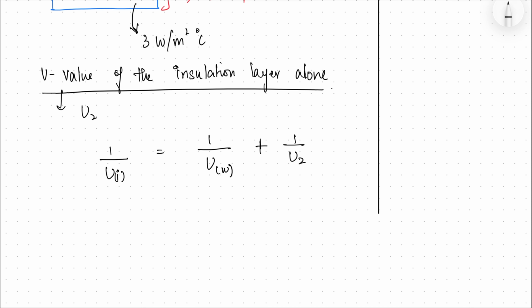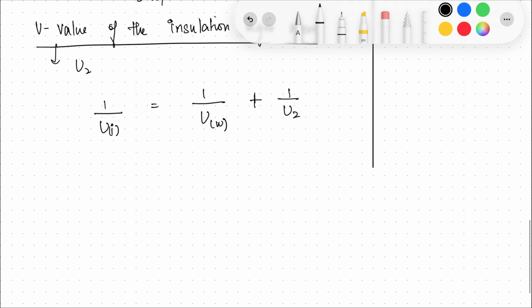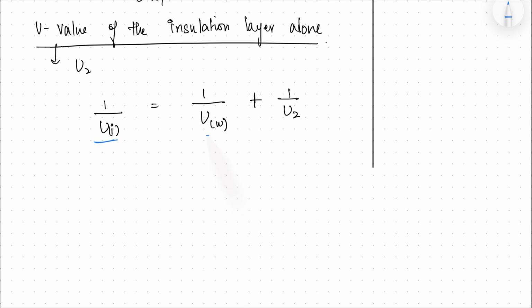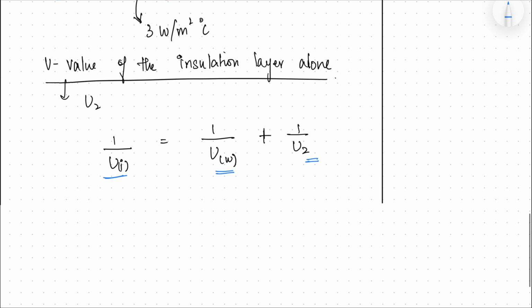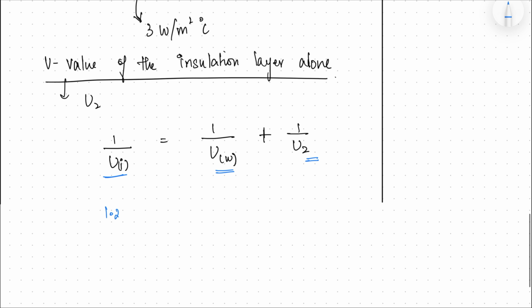So 1 by 1.2 is equal to 1 by 3 plus 1 by u2.